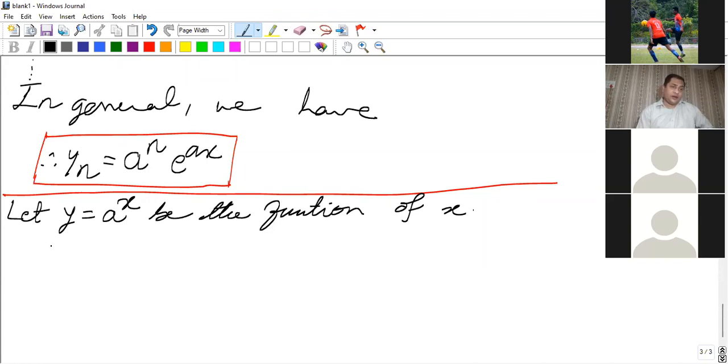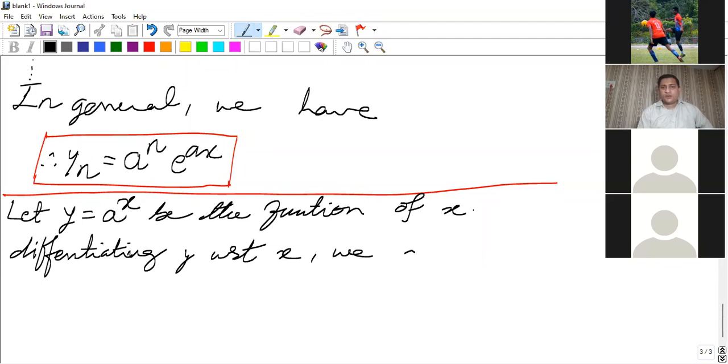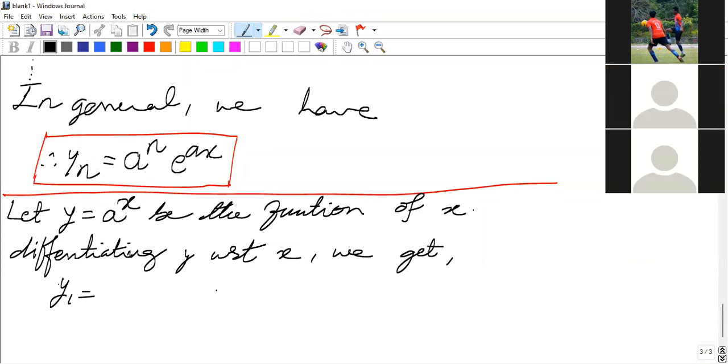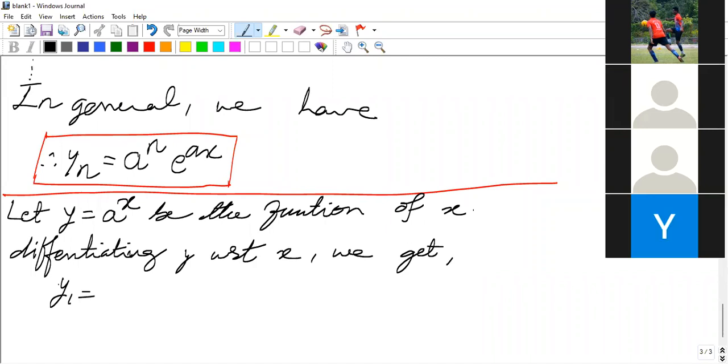So what do we do now? We just differentiate. Differentiating y with respect to x, we get y1 is equal to a raised to the power x into log of a.